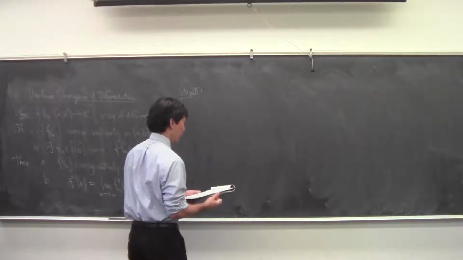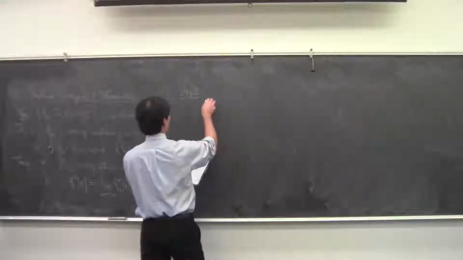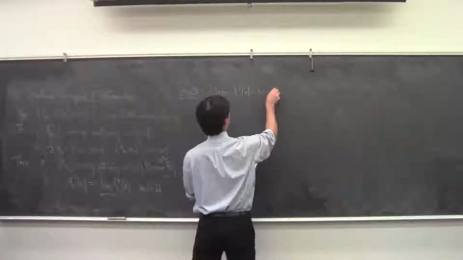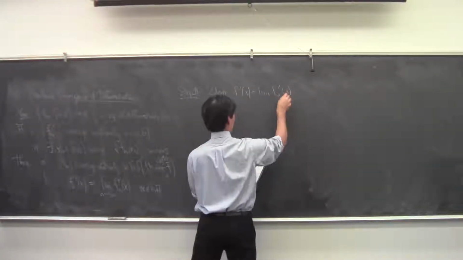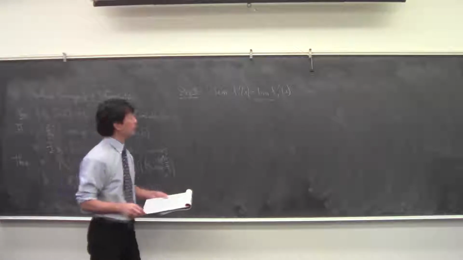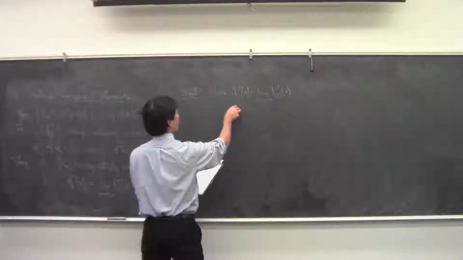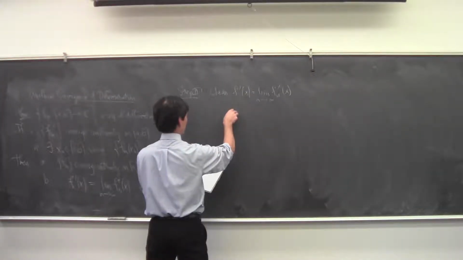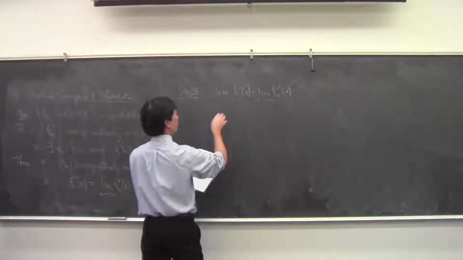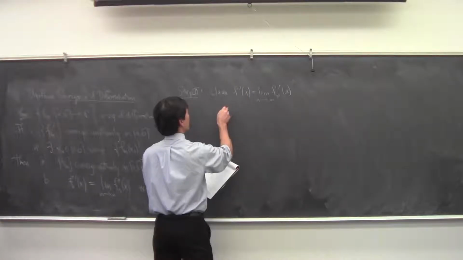This is step 2. We already showed that these guys converge uniformly, and now our claim is that f prime x equals the limit of fn prime x as n goes to infinity. I'm going to rewrite this. What does this mean?